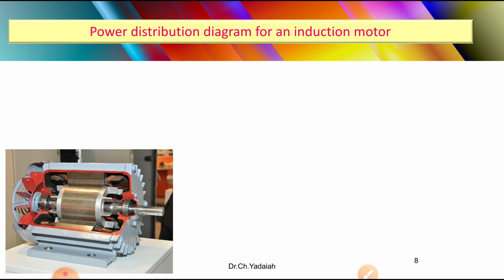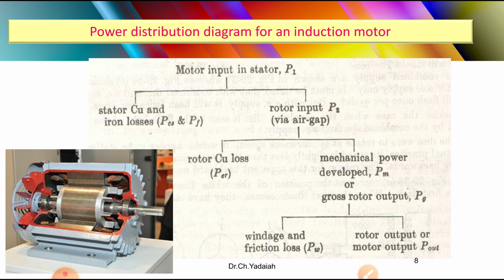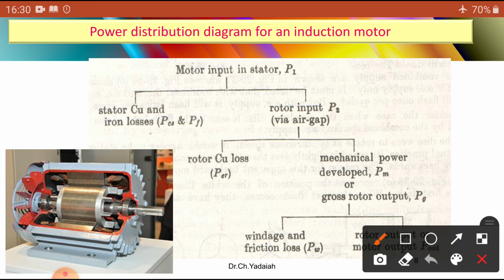Now here is the same diagram, but in terms of P1, P2, PM. These values are very essential while calculating problems, that's why I am repeating these things. So what is the motor input here? P1. Here you can see PW is the windage losses, along with iron losses and copper losses, and this is the rotor input P2 via the air gap.